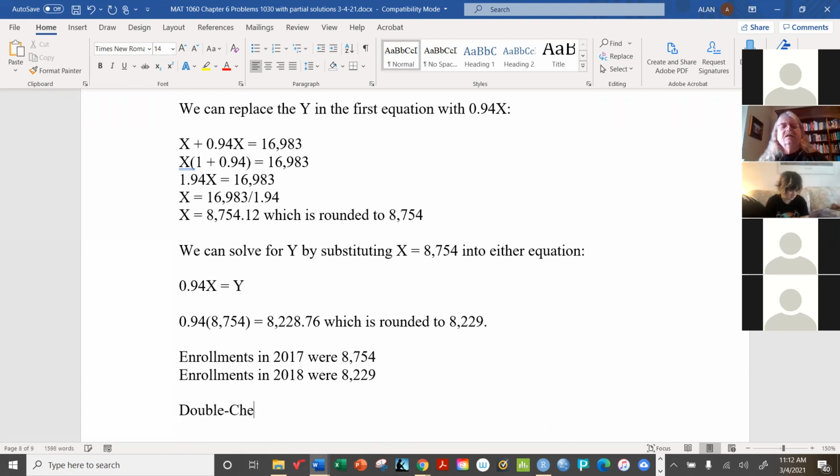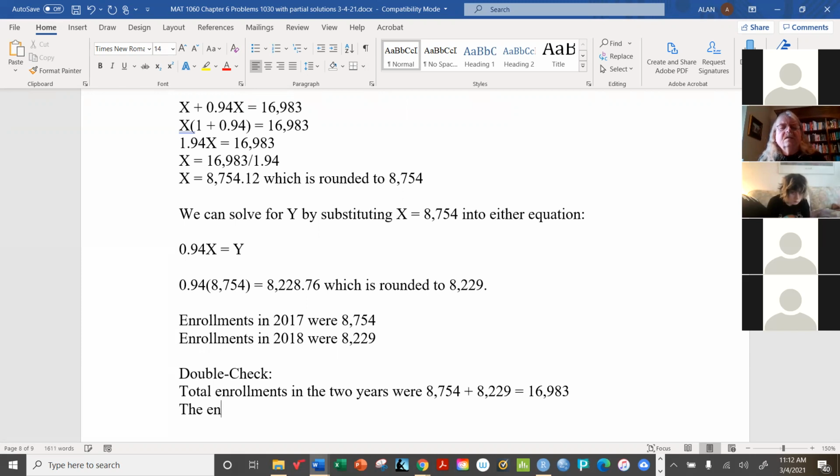So the double check, total enrollments in the 2 years were 8754 plus 8229. And sometimes in cases like this, when you've been rounding, there could be a slight discrepancy when you double check. Just be aware of that. 16,983 though, that's fine.